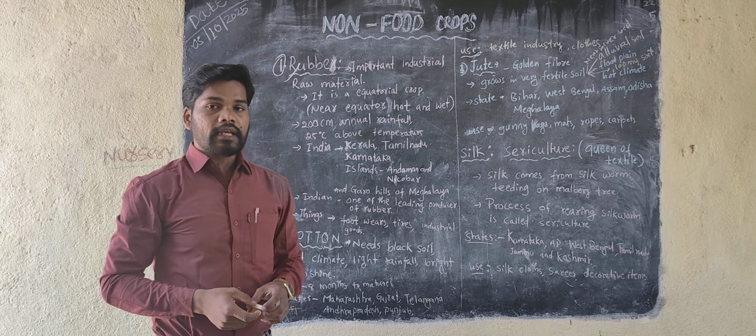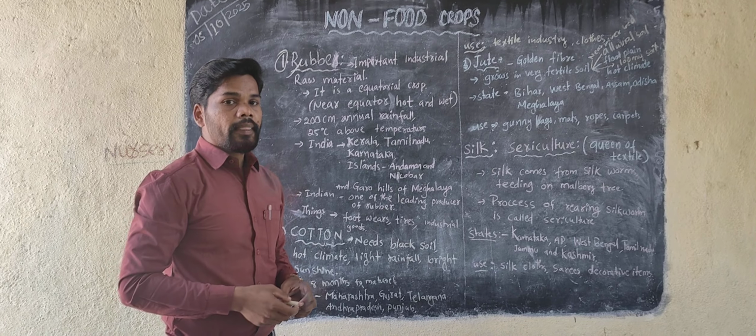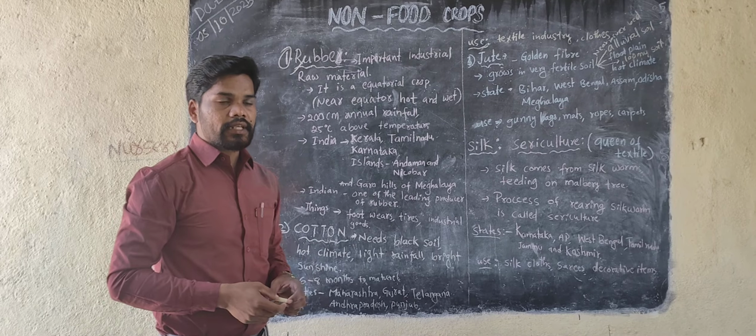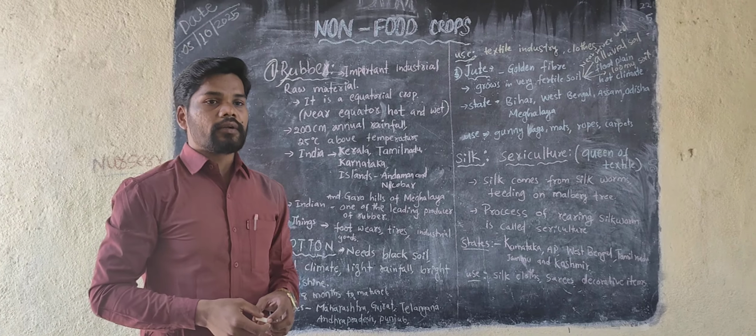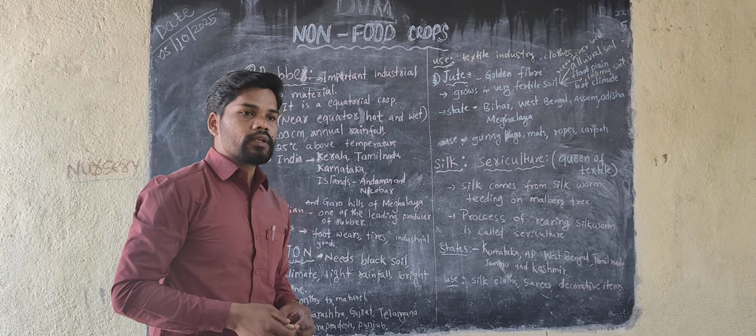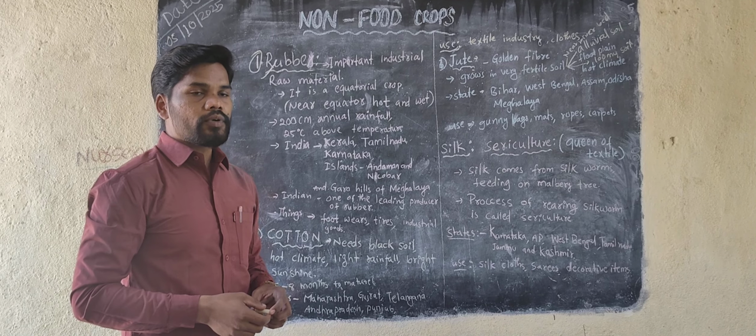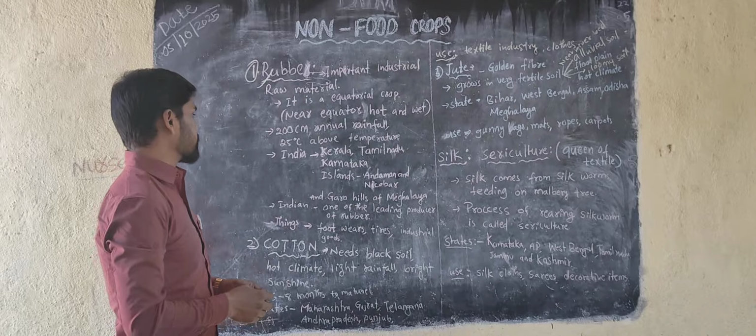It needs heavy rainfall annually, 200 centimeters, as well as a hot climate, with temperature always above 25 degrees Celsius.